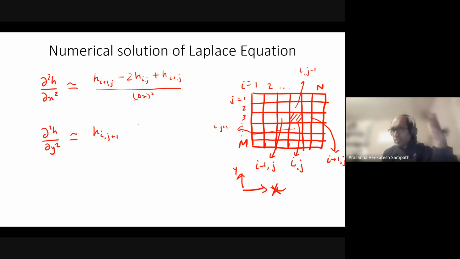I can do the same thing in the y direction also. I don't have to prove it again in the y direction. If it's true in the x direction, it is true in the y direction, right? It will be minus 2 times h of i comma j plus h of i comma j minus 1, whole thing divided by delta y square.